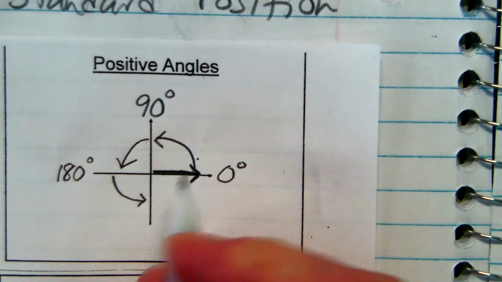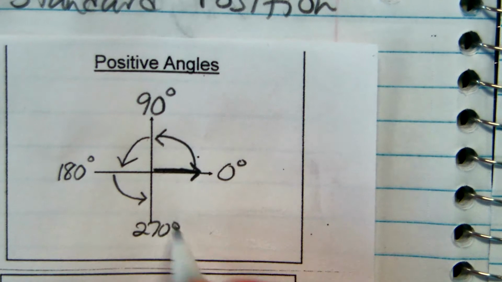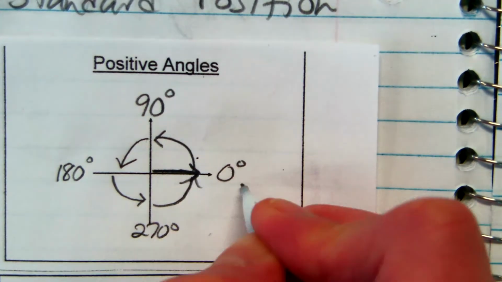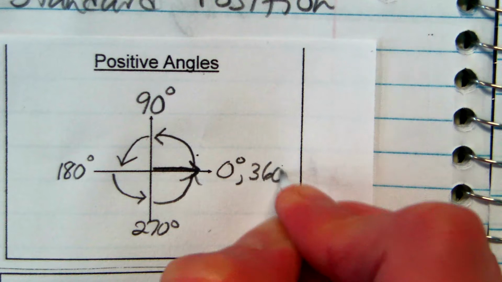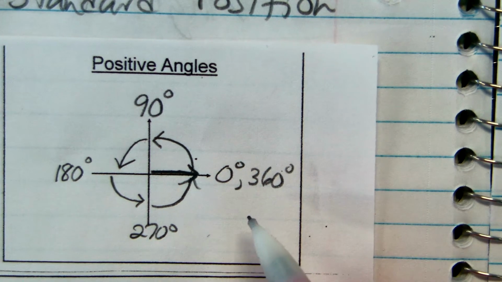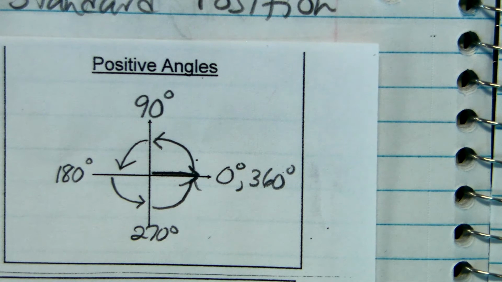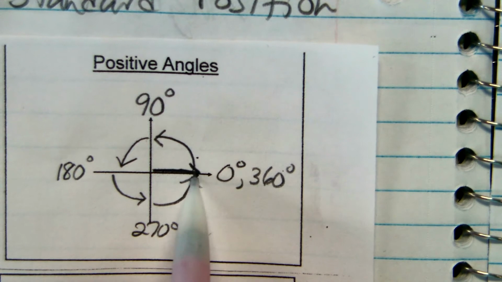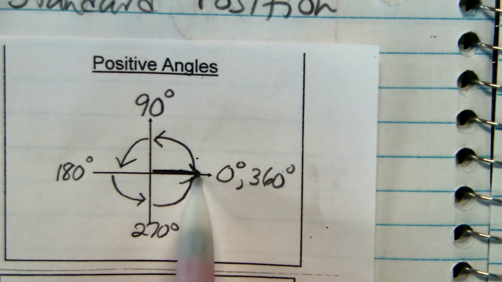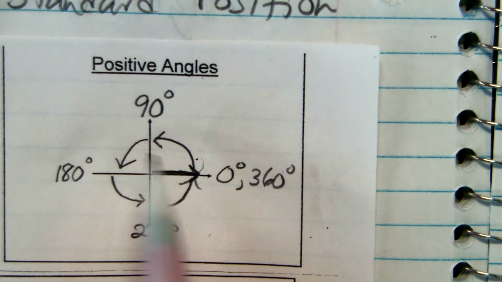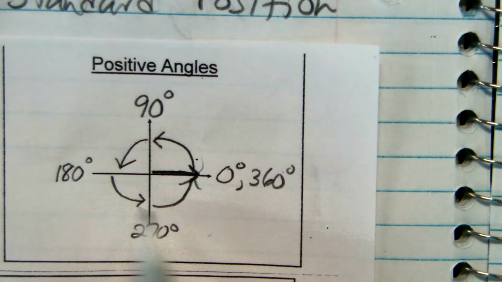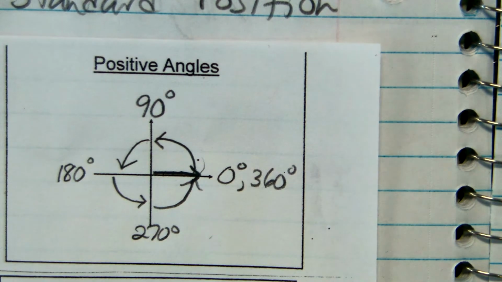Another 90 degrees is 270. And if I make a full circle, you've gone 360. You can keep going. We're thinking about angles in a different way. We're going to think about them as rotation. So you could keep going past 360 if you wanted to. It can keep going around and around, which we'll look at.